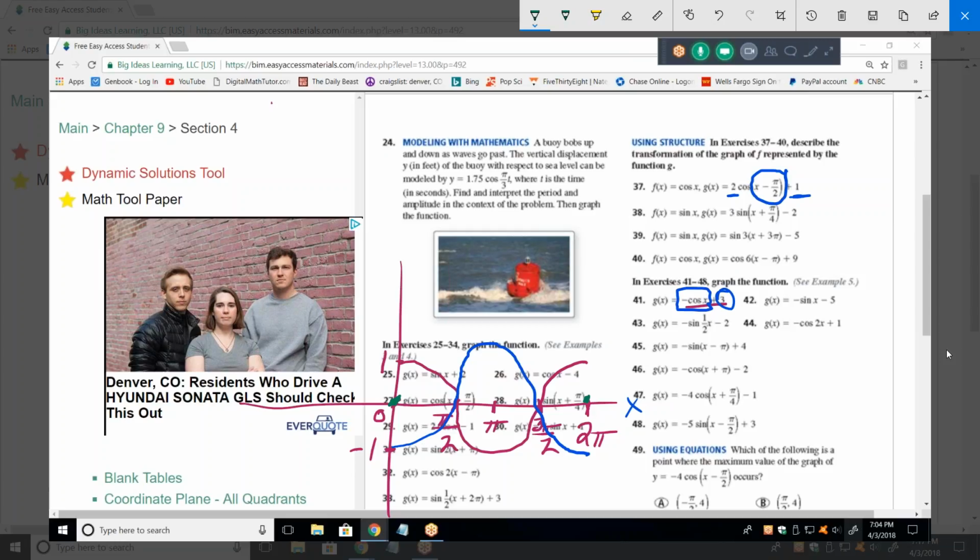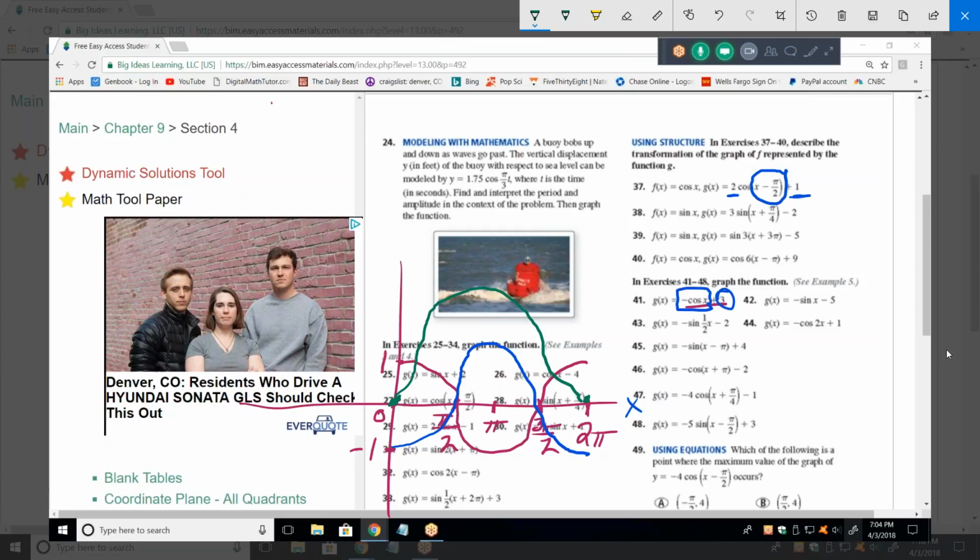And other than that, it's going to look exactly like the blue curve. It's going to go all the way up to 2. I didn't mean to change the shape. It should be exactly the same shape as the blue curve. And that's how you do it.